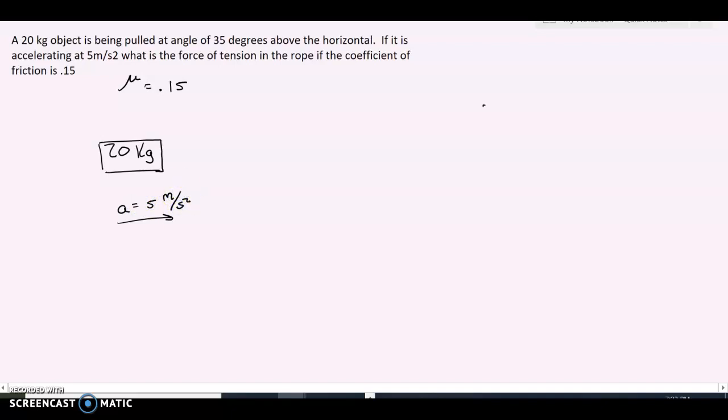So we have an angled tension force that is 35 degrees above the horizontal. So we can break that into its x component, force tension x, and its y component, force tension y.